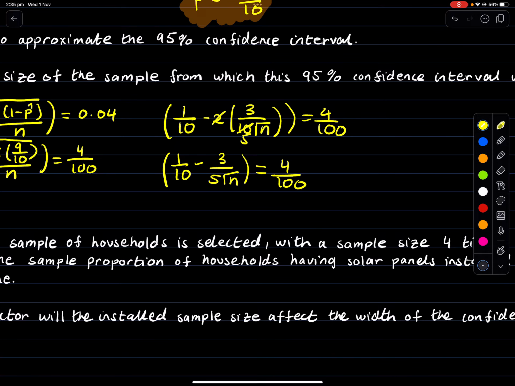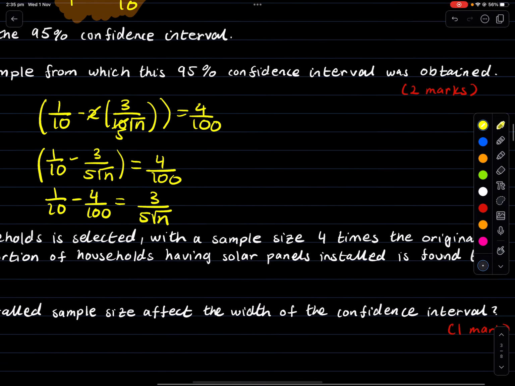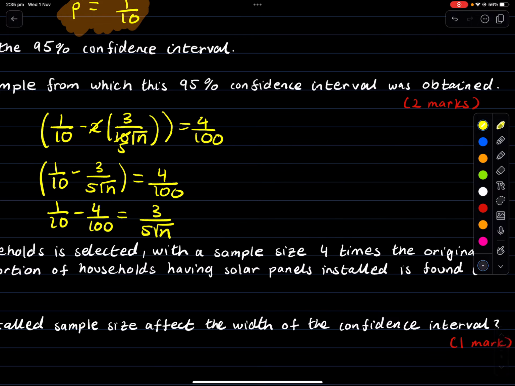So 1 over 10 minus 4 over 100 is equal to 3 over 5 root n. So that'll be 6 over 100 is equal to 3 over 5 root n.